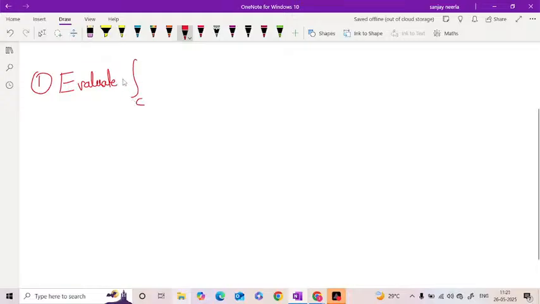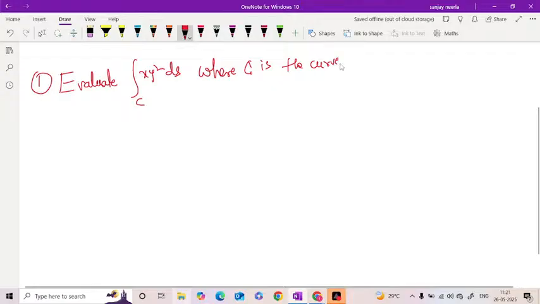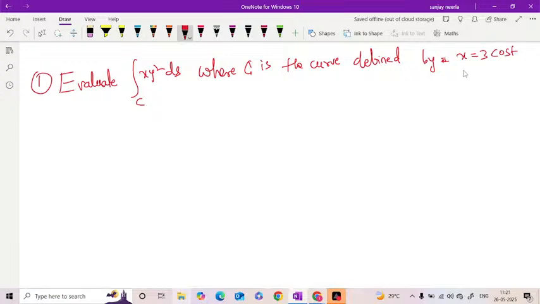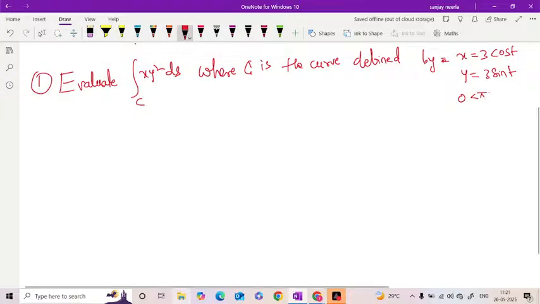Now evaluate the line integral of x y square into ds, where c is the curve defined by x is equal to 3 cos t and y is equal to 3 sin t, and t is in between 0 to pi by 2.